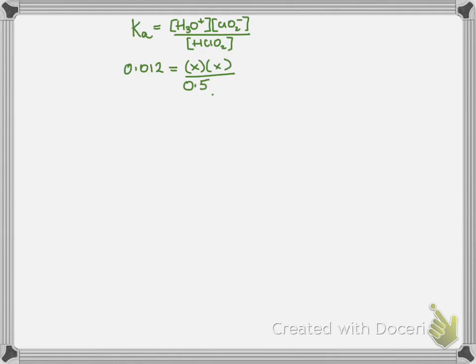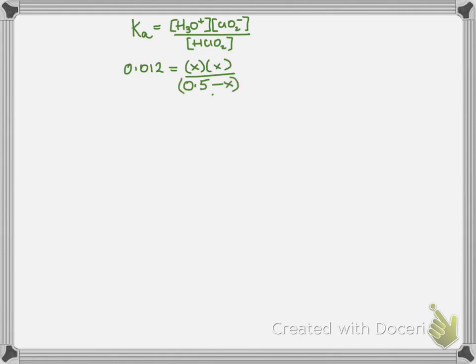So from there we go on to our equilibrium expression, which is Ka is equal to the concentration of the H3O plus times the concentration of ClO2 minus divided by the HClO2, which becomes 0.012 is equal to x times x divided by 0.5 minus x.